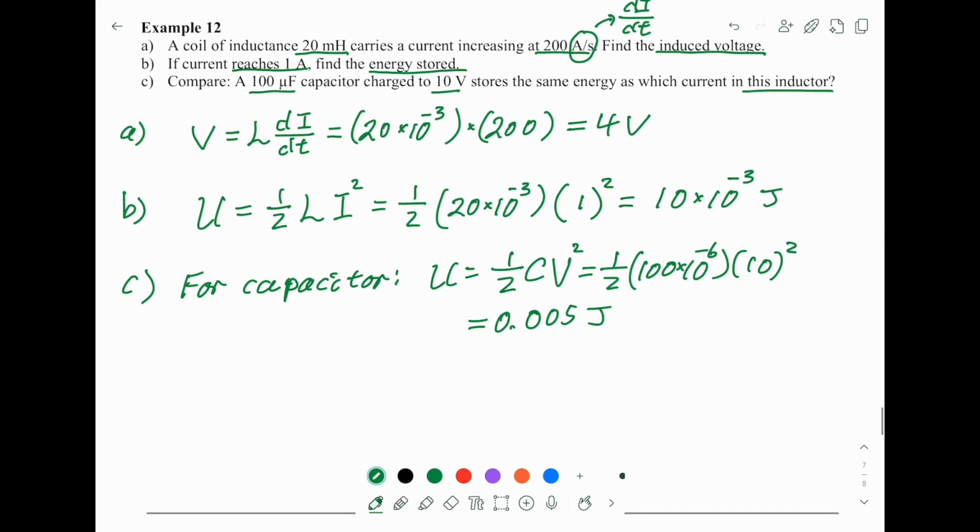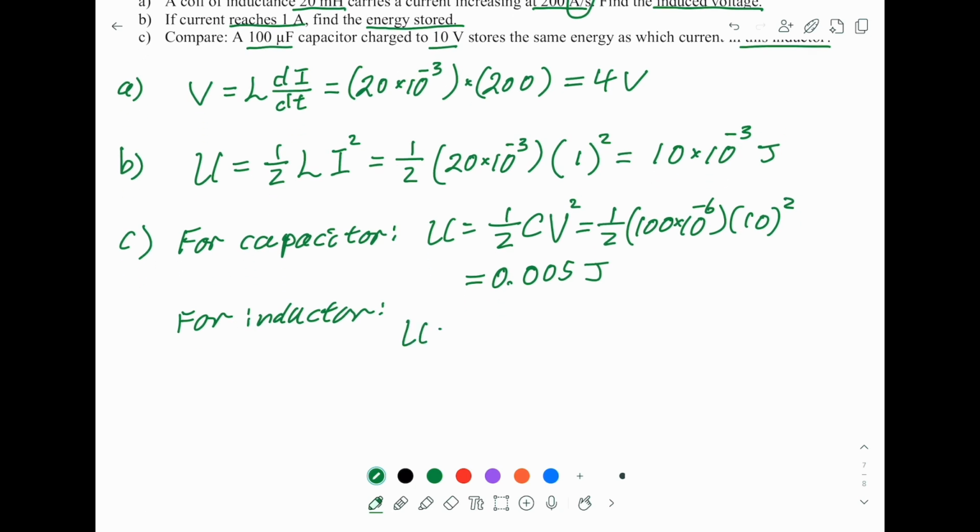So it asks what current is required to have the same energy stored. For the inductor, we assume we have the same inductor.